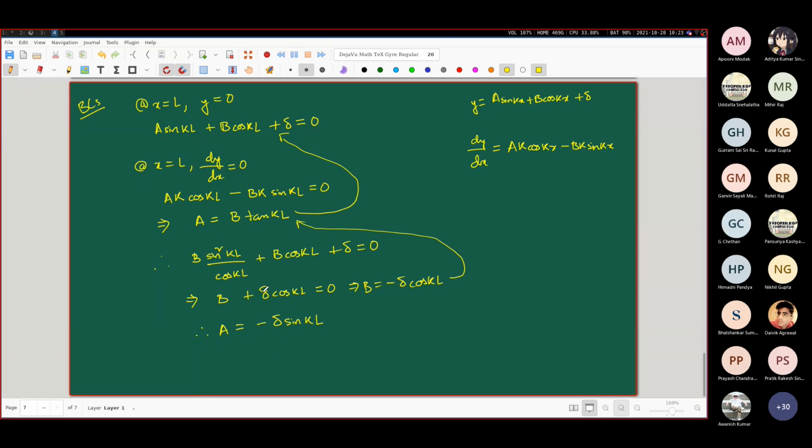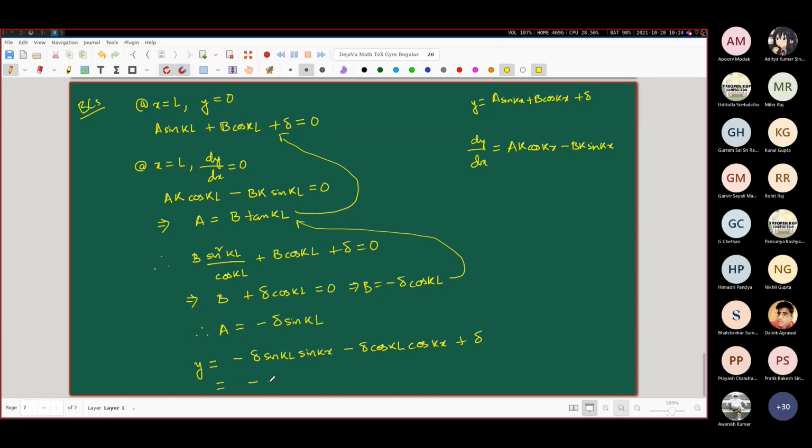All right, this is the expression of B and A. So now our y becomes what? y was A sine kx plus B cos kx. So A is minus delta sine kl sine kx, and B is minus delta cos kl, and this is cos kx, plus delta. So this is minus delta times sine kx sine kl plus cos kx cos kl.